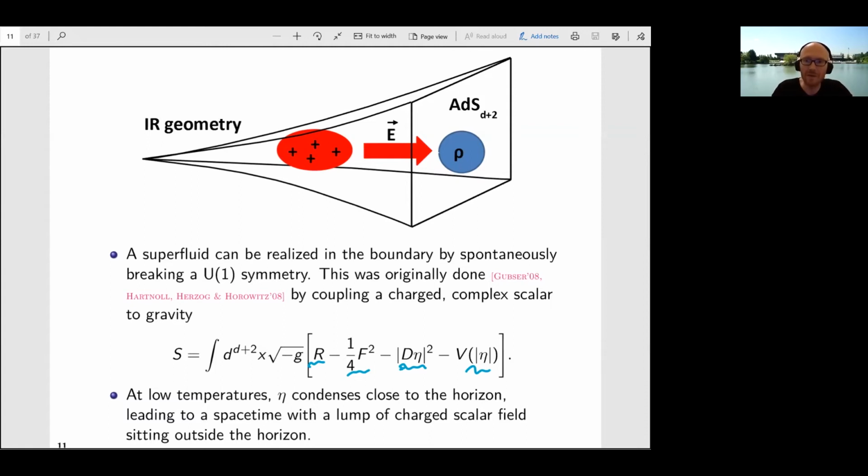What was found is that at low temperatures, this complex scalar condenses here in a region close to the horizon. This leads to a spacetime that has this lump of charged scalar field that sits outside the horizon and sources some electric flux through the bulk and contributes to the total charge density.